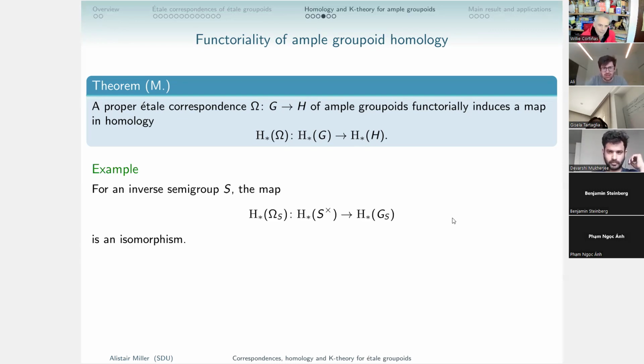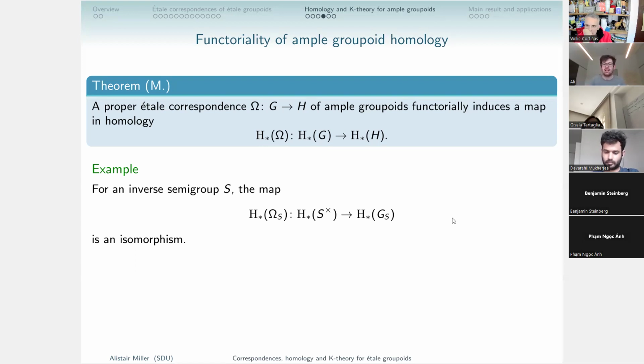As an example, when you do this to this particular correspondence that I'm working with, it's quite elementary to see that you actually do get an isomorphism in homology. You don't need all of this machinery to construct this isomorphism in homology, but what's interesting for me is that you can fit this into my theorem here.